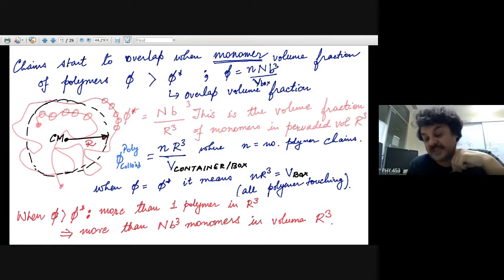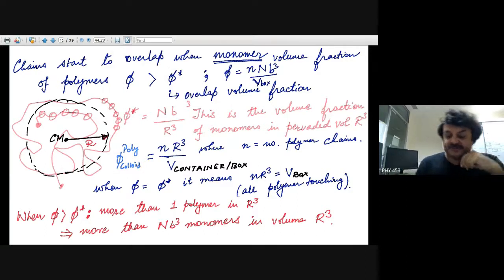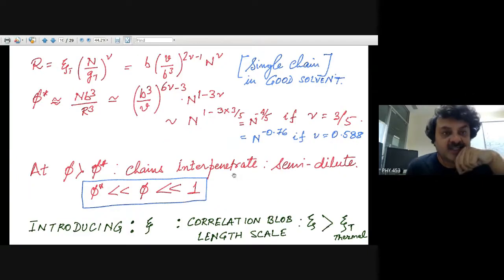So the R cube, a pervaded volume, could have monomers from multiple chains. So in that case, R, the measure of the extent of the polymer, becomes xi T, right?